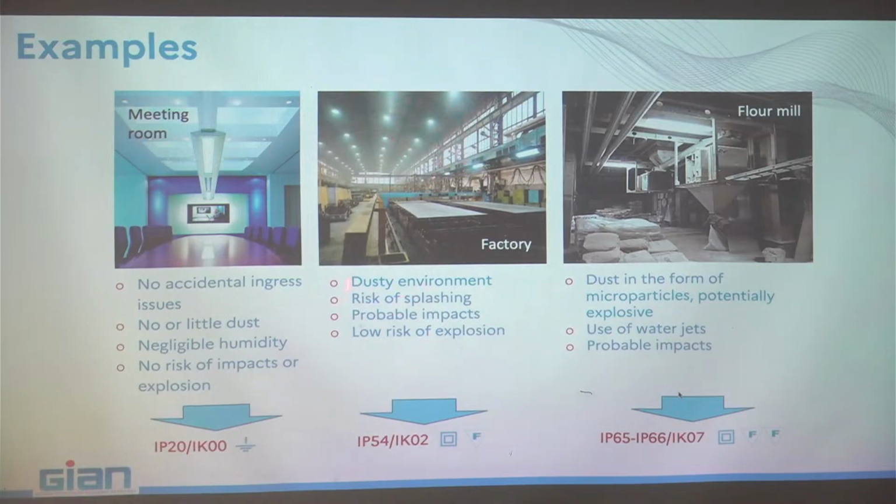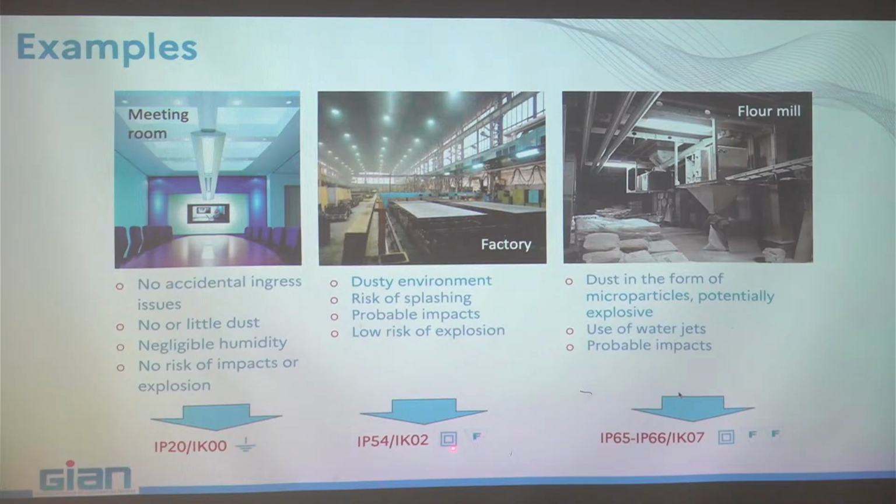Let's go to a factory. Here you have a dusty environment and a risk of splashing. Water can come out from the machines and go up. Probable impacts: something cut can be projected against the luminaire. Low risk of explosion in that factory. Here it is advised to use IP54, IK2 to resist some kinds of shocks.